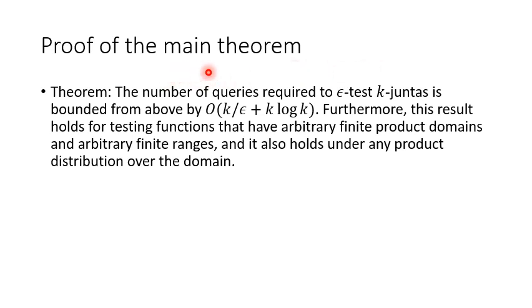And of course, this algorithm is probabilistic. Furthermore, this result holds for testing functions that have arbitrary finite product domains and arbitrary finite ranges. And it also holds under any product distribution over the domain. We haven't seen and will not see any constraints that we put on the function, and so this holds for arbitrary functions that can be very general.